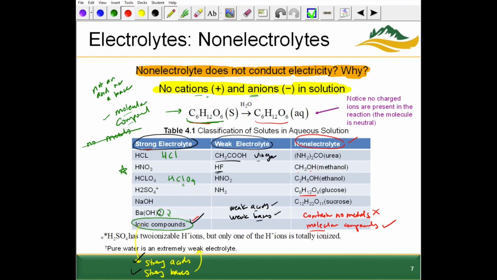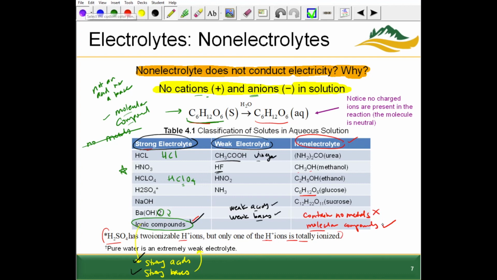We'll come back to what this is mentioning here on this sulfuric acid compound. It has two ionizable H+, making it a strong acid, but if only one of the H+ ions dissociates, then that's when we have a strong electrolyte. So only one of the H+ ions is totally ionized. We'll come back to acids and bases throughout chapter 4.